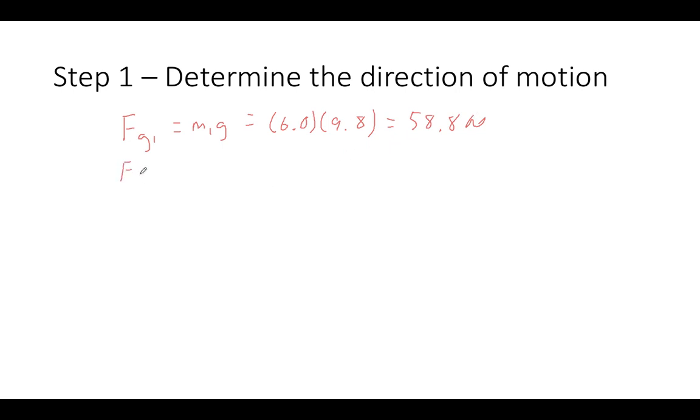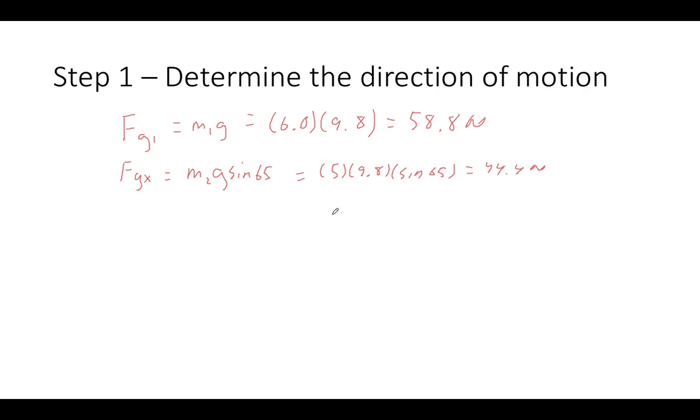And Fgx equals m2 times g times sine 65, which equals 5 times 9.8 times sine 65, which equals 44.4 newtons.